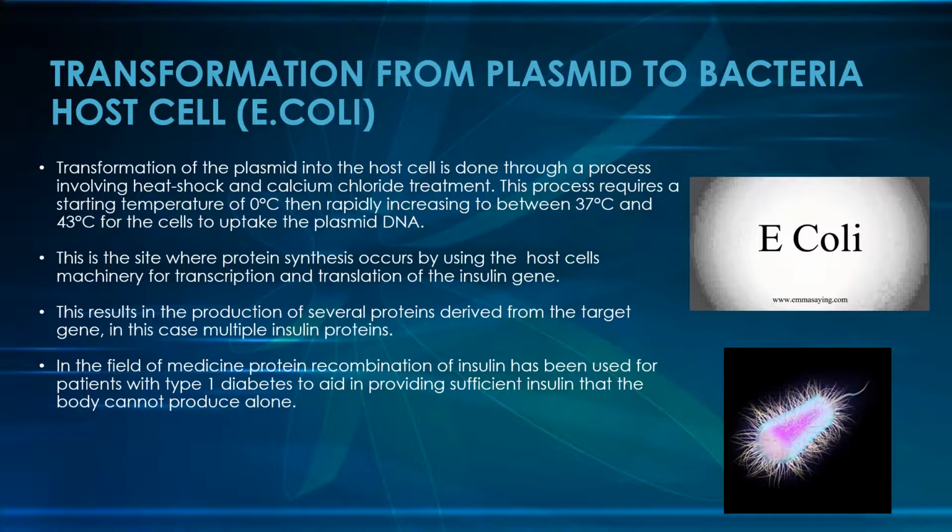In type 1 diabetes, the pancreas doesn't produce enough insulin or cannot produce it on its own. By using this biotechnology, scientists are able to provide type 1 diabetics with a synthetic insulin, which can help them balance their diabetes.